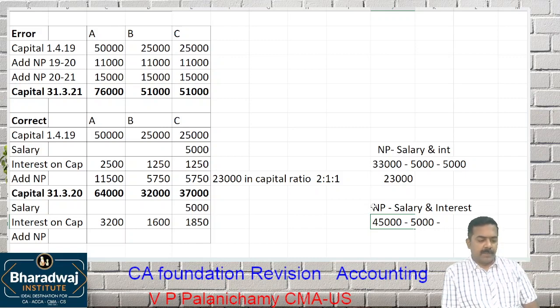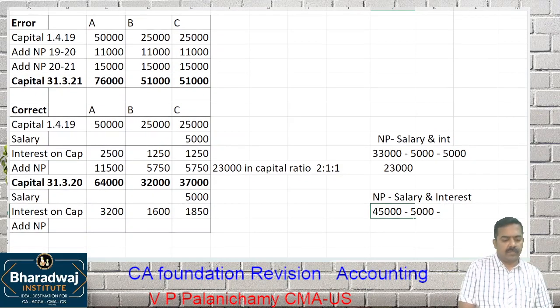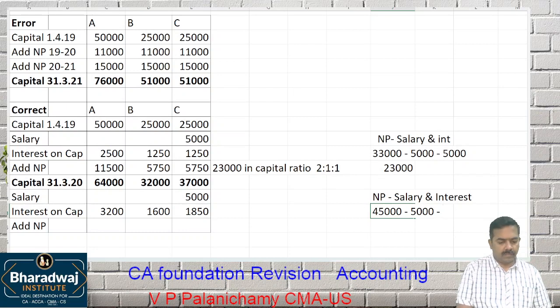What is interest on capital? 3,200, 1,600, 1,850.